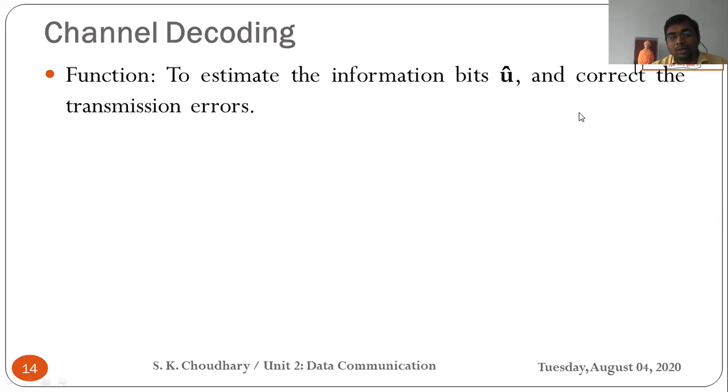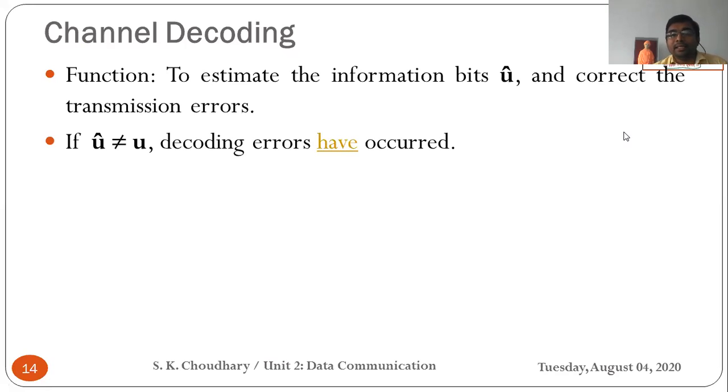We do the decoding of the system, where we estimate the information bits, u cap or u bar, and correct the transmission errors. Okay. At the transmission end, the channel encoder output is u, for example, and here it is u cap. So it is an estimation; we do not know the actual message, so we just estimate it. And generally u cap is not equal to u.